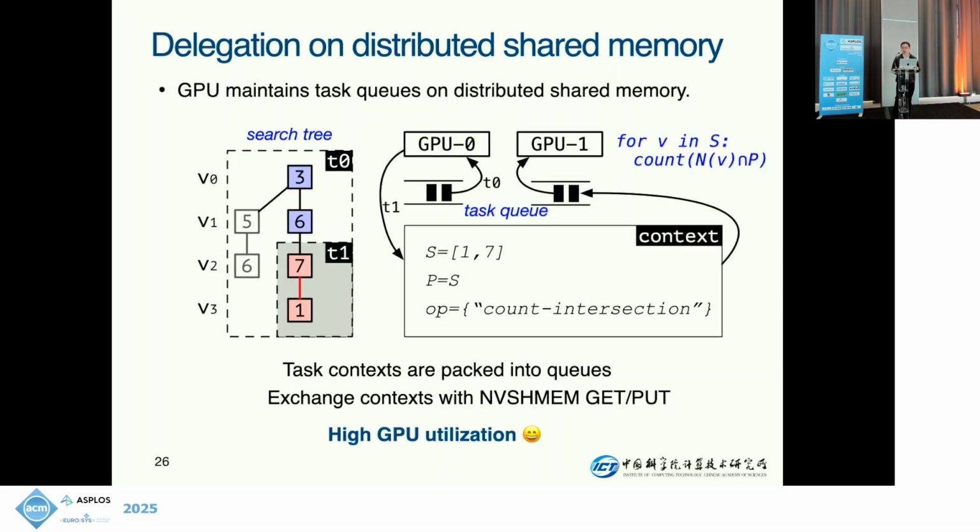Then the context can be serialized and written into the remote GPU task queue using only the get and put primitives. After that, GPU 1 can read the local task queue and deserialize the context into the remaining search tasks locally.